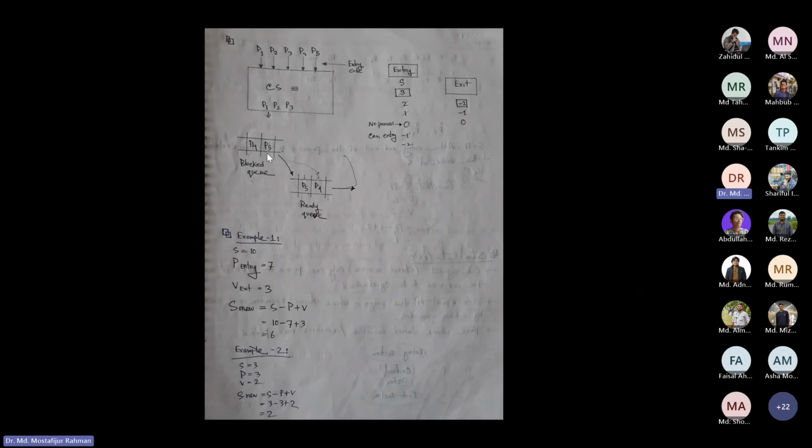Next, for example, P1 has completed its work in the critical section and wants to exit. The semaphore value is now minus 2, since the processes in the blocked queue decrease the value.